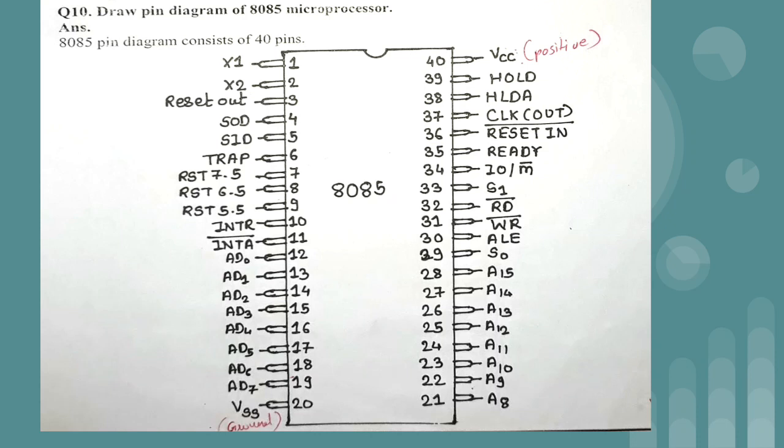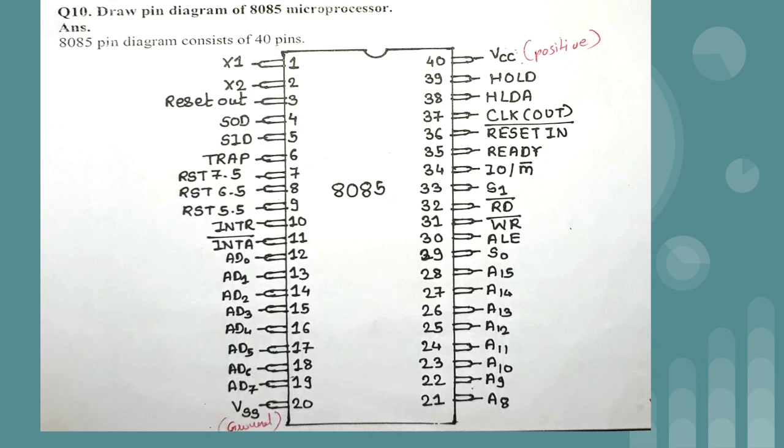Then we have the clock. As we all know, if you want to perform communication or operations in a synchronized manner, we need a clock. So the signal related to the clock is given with the help of pin number 37. And whenever we want to stop the execution in between, or pause the execution of a specific program, in that situation we generate the signal at pin number 39, that is hold.